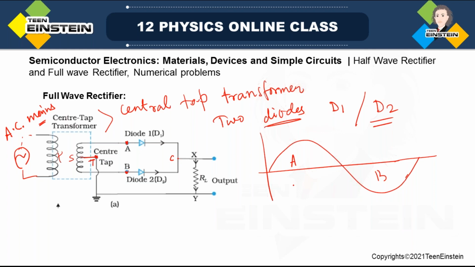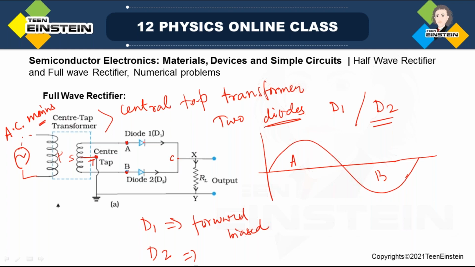D1 will be forward biased. And whereas B is negative, that means D2 is reverse biased.